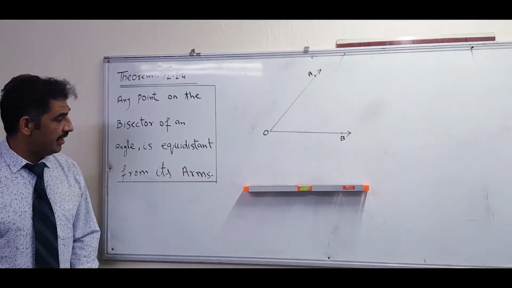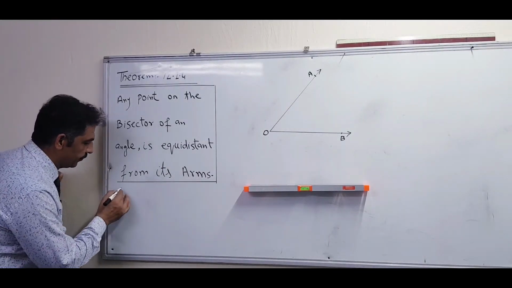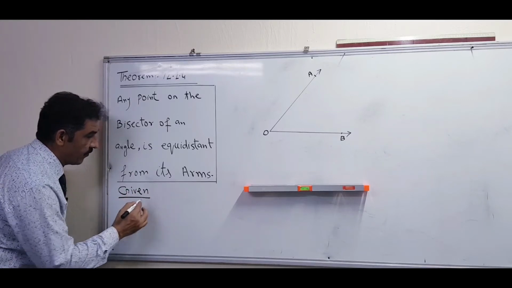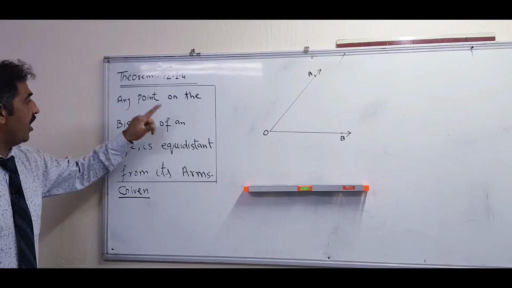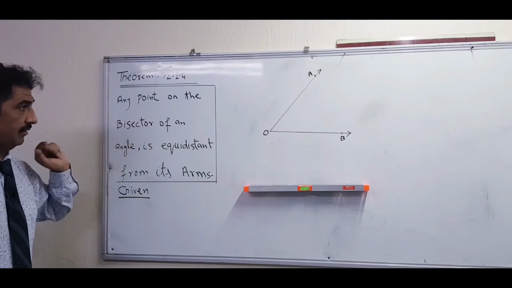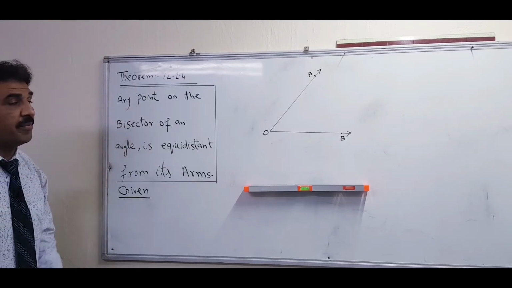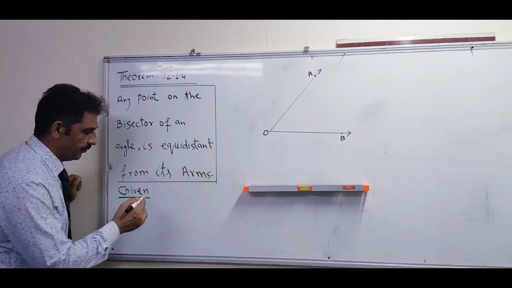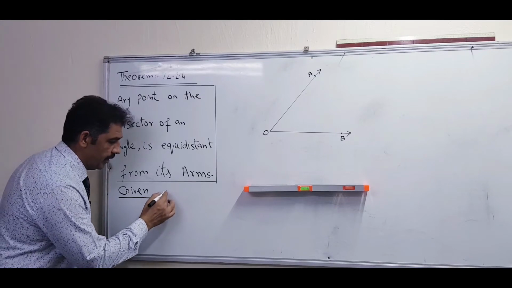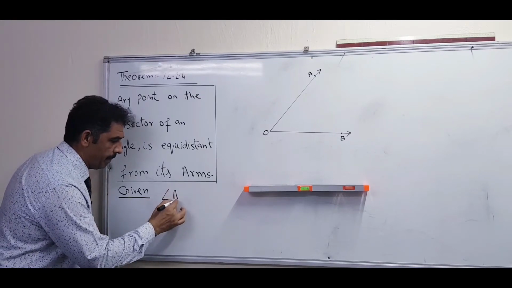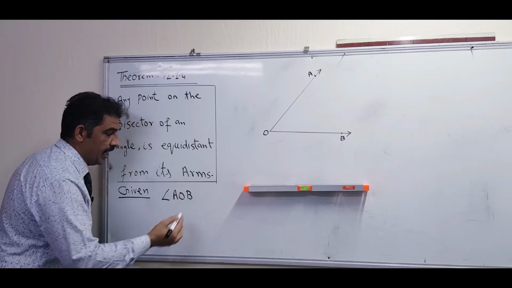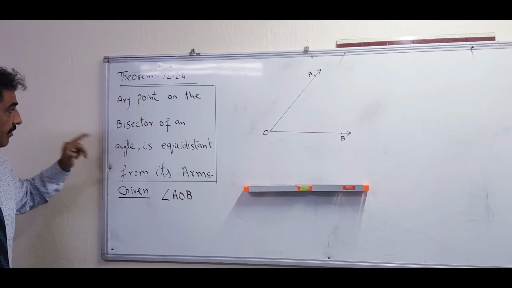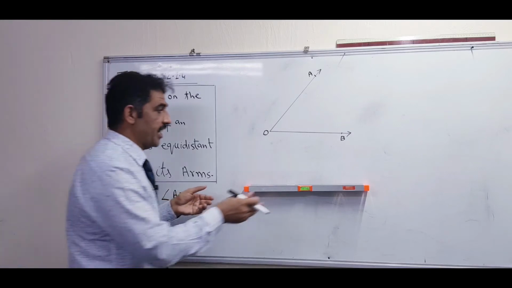Okay, first of all, the given statement: any point on the bisector of an angle. So first we have to make the angle. So AOB is an angle. Angle AOB, and he said bisect. So we have to bisect it first.